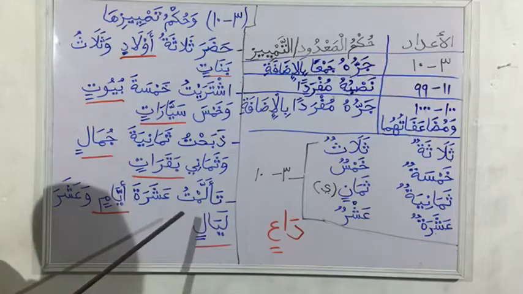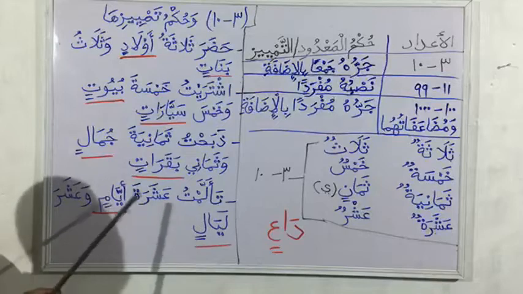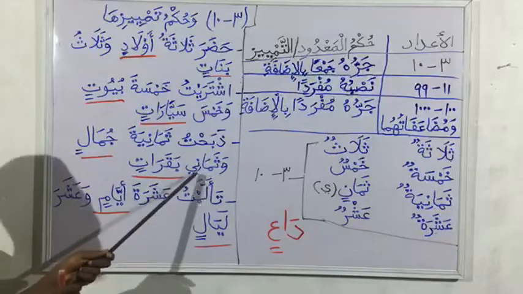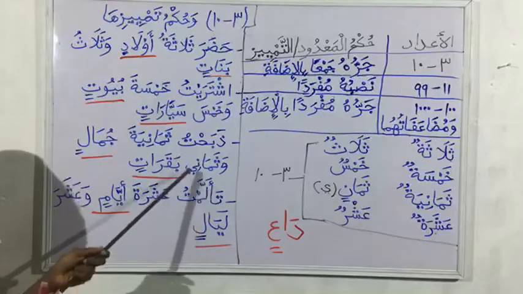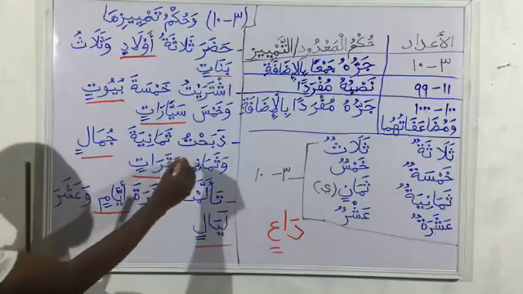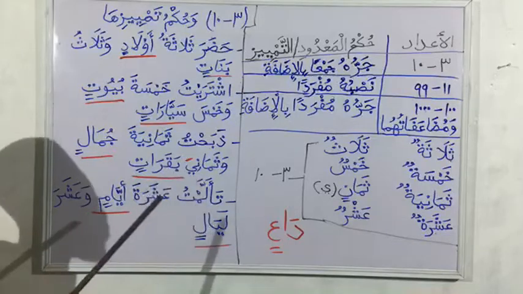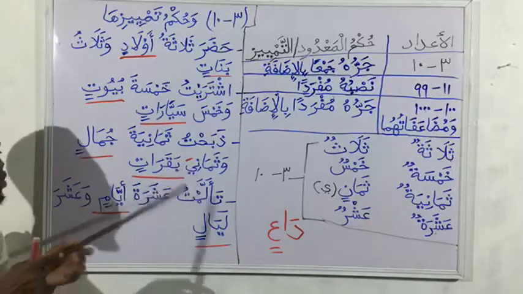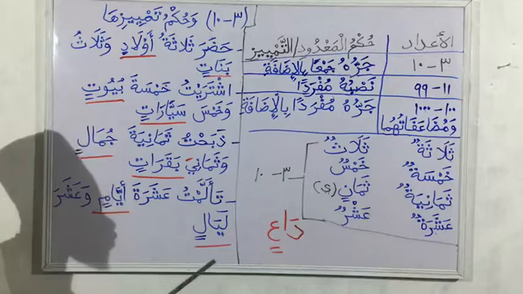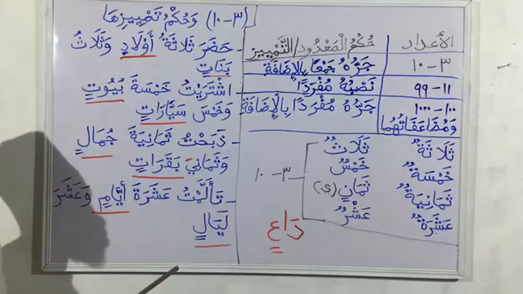Now, this has to be samania because it is maf'ulun bihi. So it has to be samania because anything that is supposed to happen to the noun when the ya is forced out will happen to that ya.